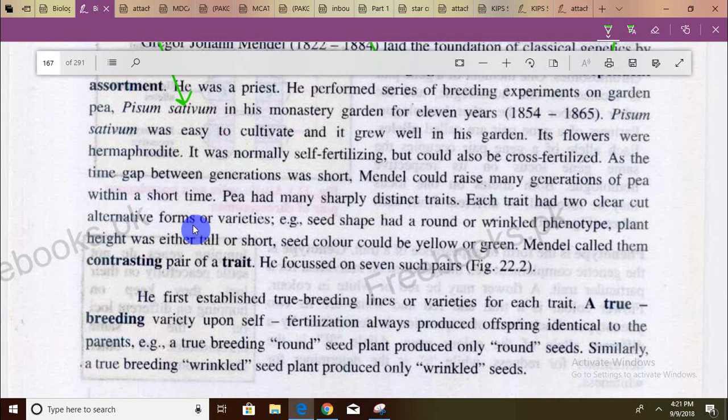What that means is that they are completely homozygous at each locus. In simple terms, they were homozygous at all loci, which is why on self-fertilization all of the offspring happen to be identical.